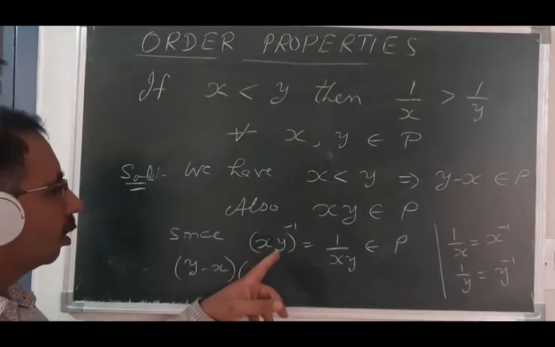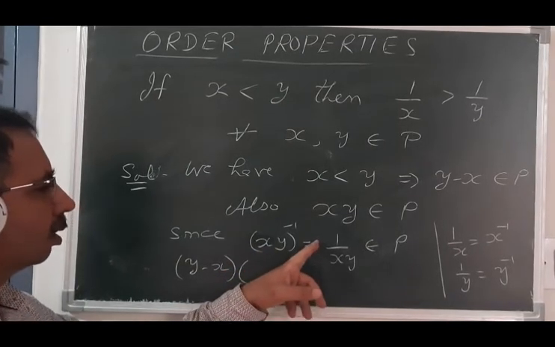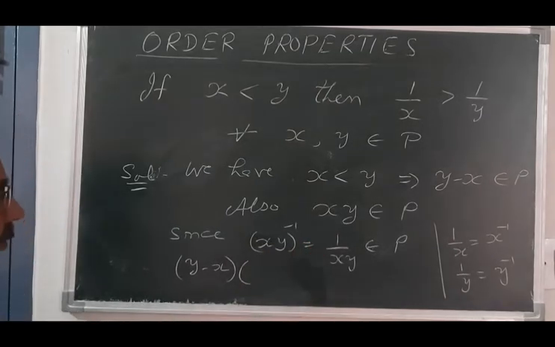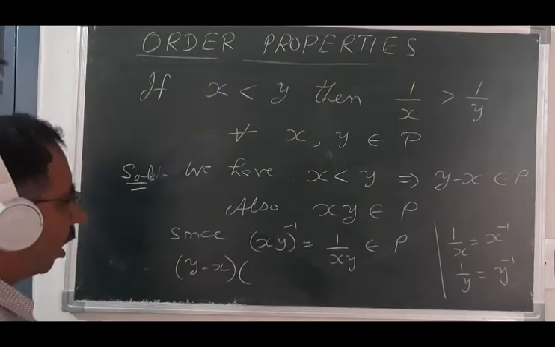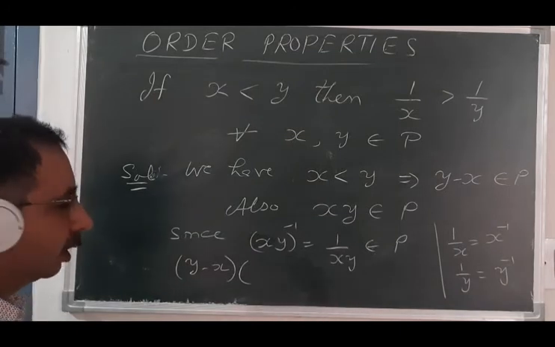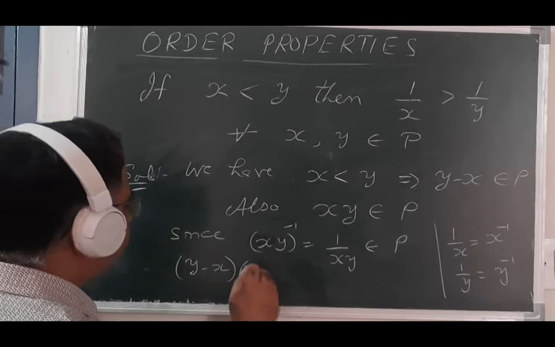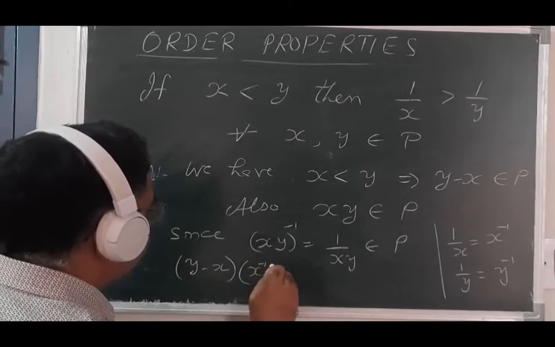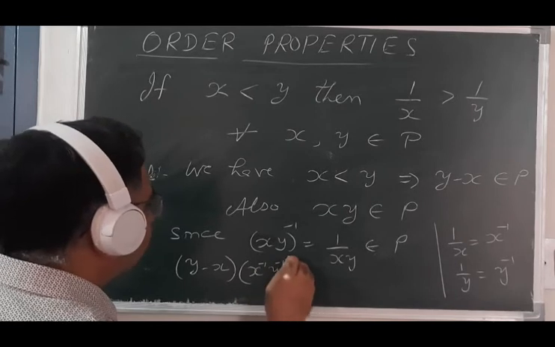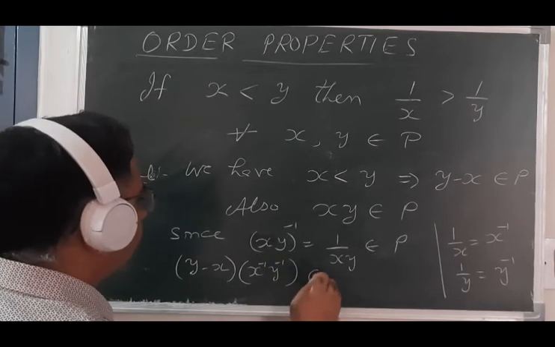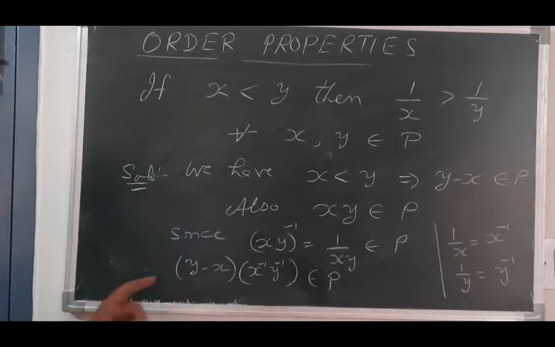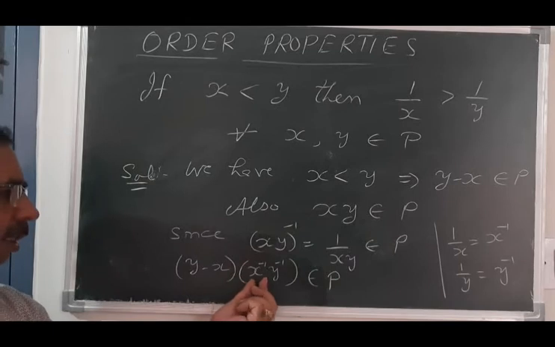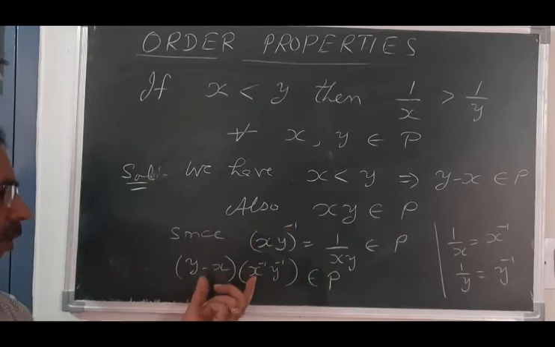So since x and y commute, here the answer can be x inverse y inverse or y inverse x inverse. It doesn't matter because elements of R are commutative, which we have already seen. So this thing I can write as x inverse times y inverse. This belongs to P. So xy is in P, its inverse is in P, which can be written as x inverse y inverse. So their product is in P.